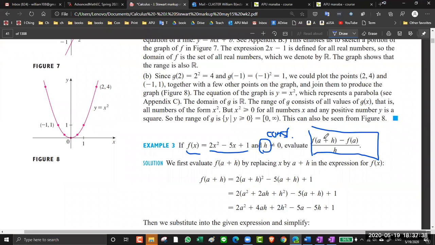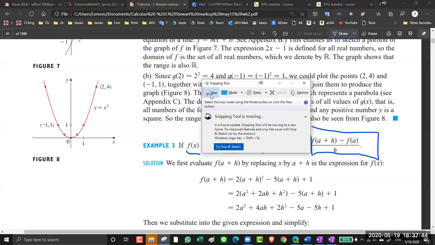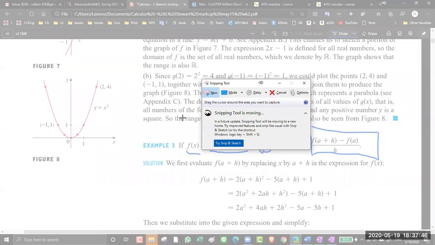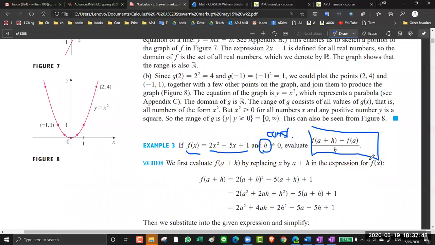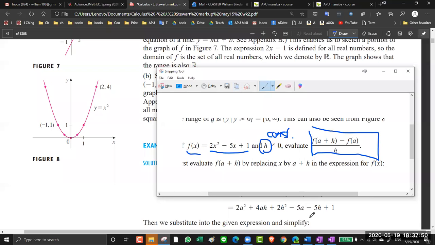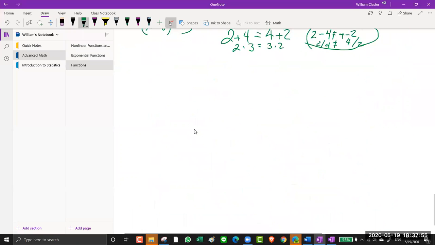Okay, now let's go back to here. Maybe I should take a picture of this and put it in here, if I can.